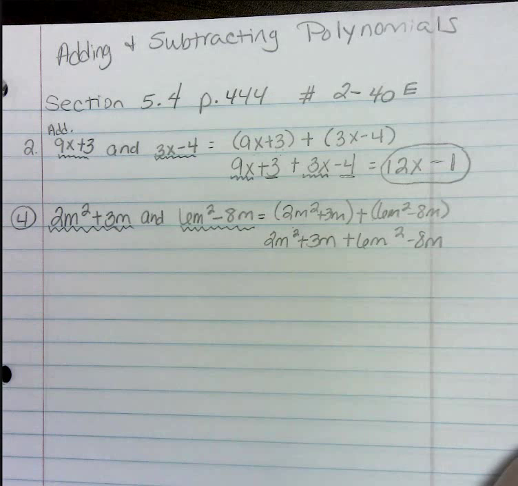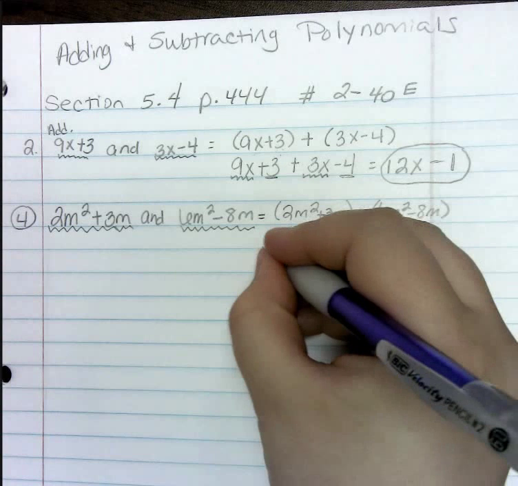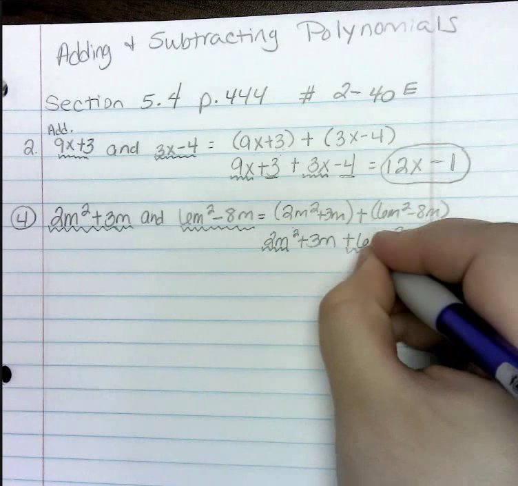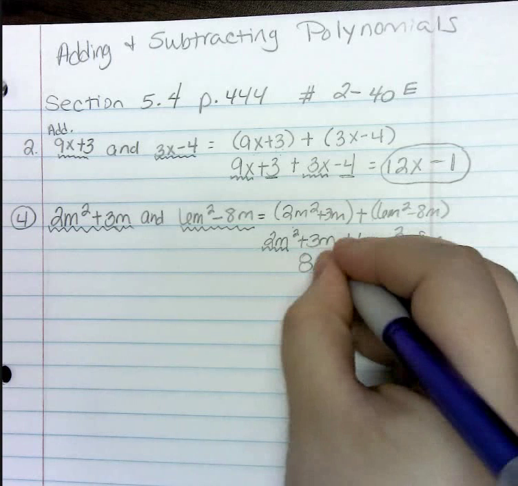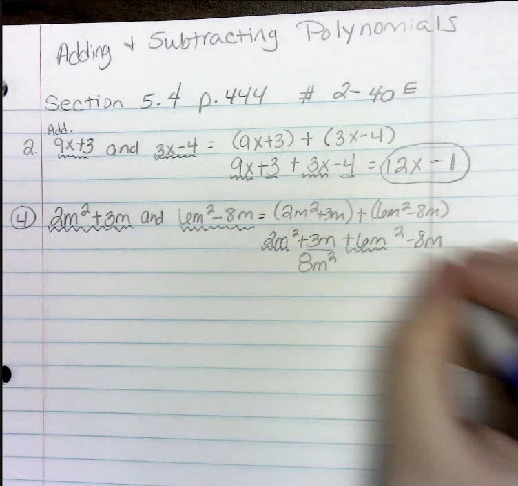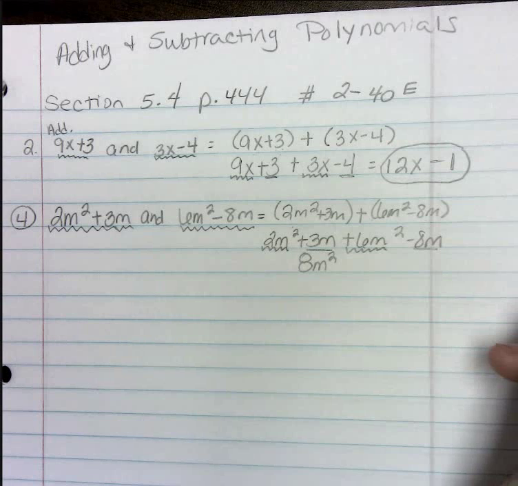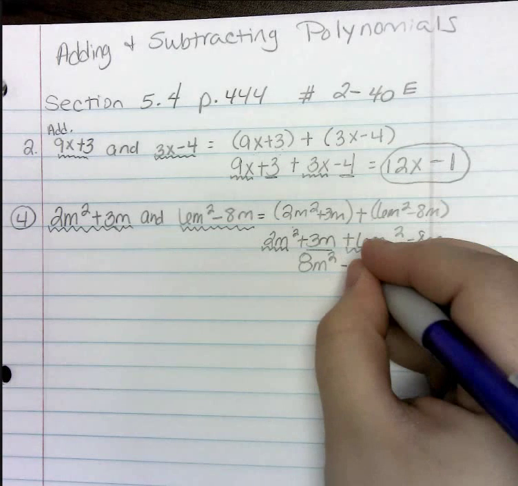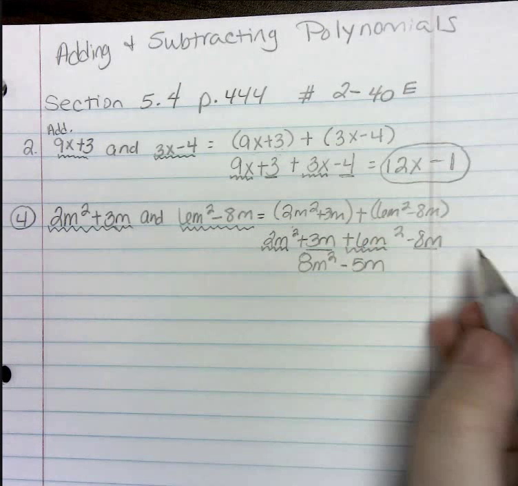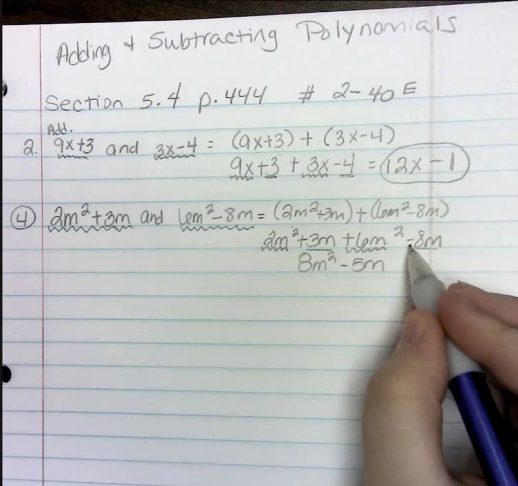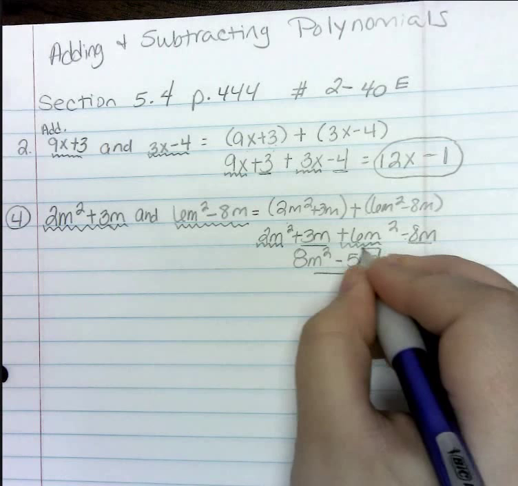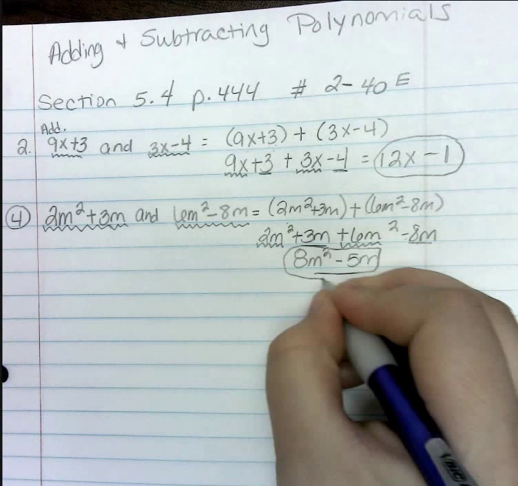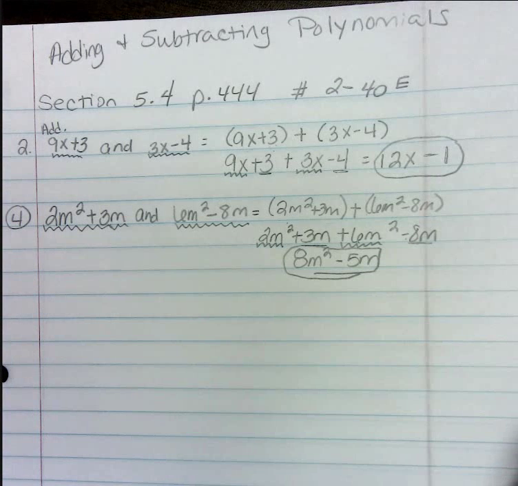Now we combine our like terms. 2m squared plus 6m squared is 8m squared. And then 3m minus 8m is negative 5m. Remember that a term keeps the sign that's in front. So since that was a minus 8, that technically means that it is a negative 8. So your final answer is 8m squared minus 5m.